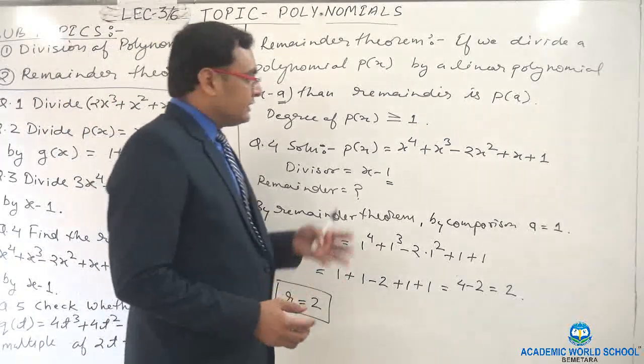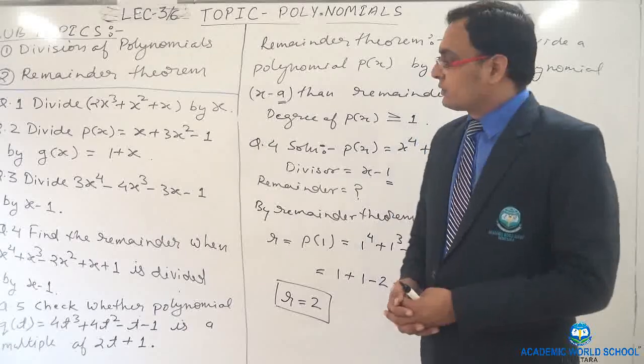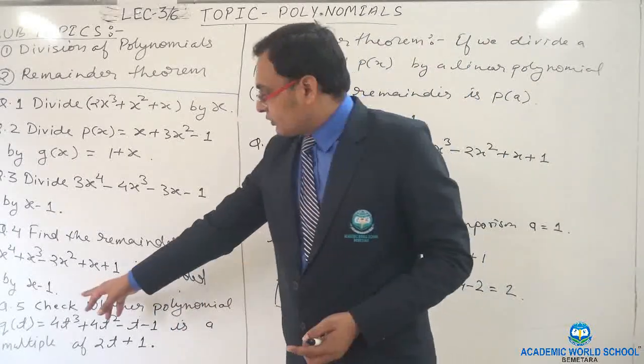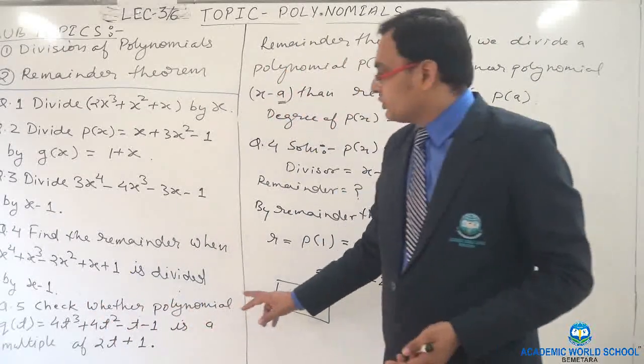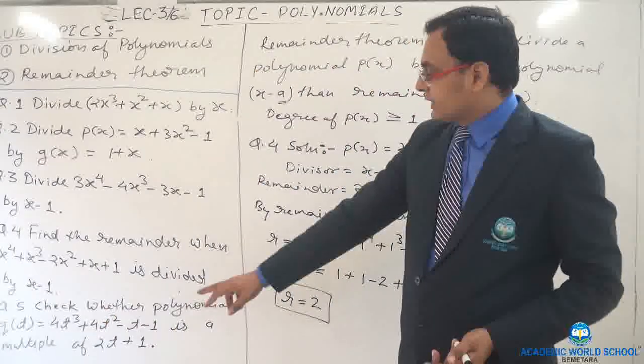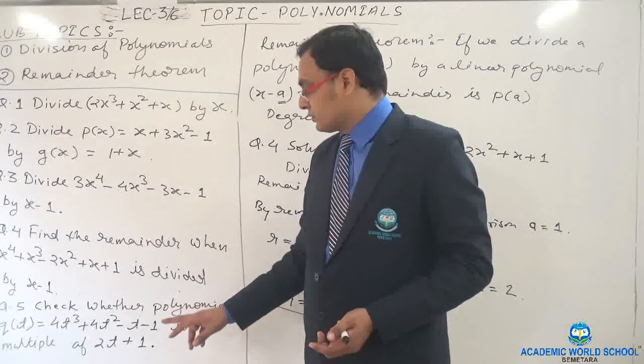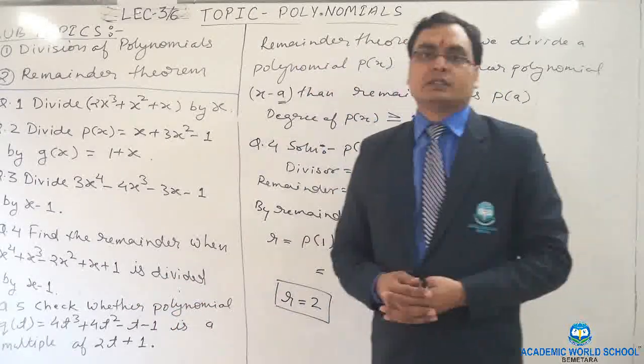Next, we can use this remainder theorem for some different types of questions. For example, here question number 5: check whether polynomial q(t) is equal to 4t cube plus 4t square minus t minus 1 is a multiple of 2t plus 1 or not.